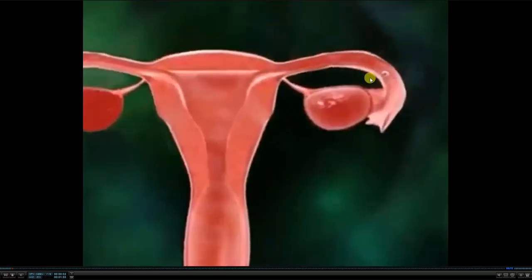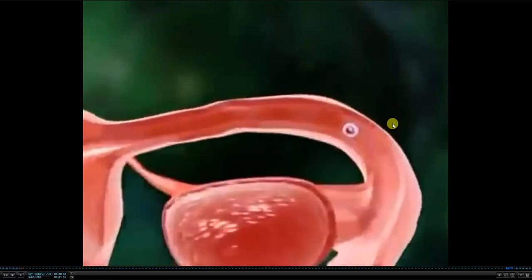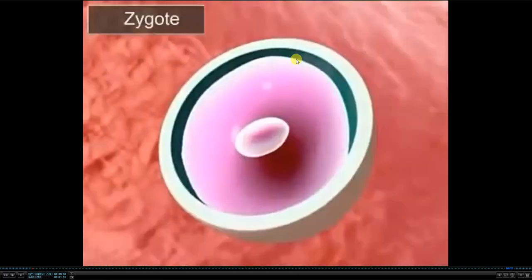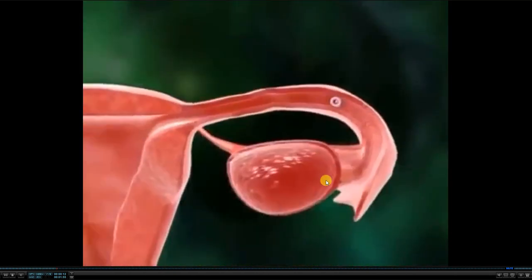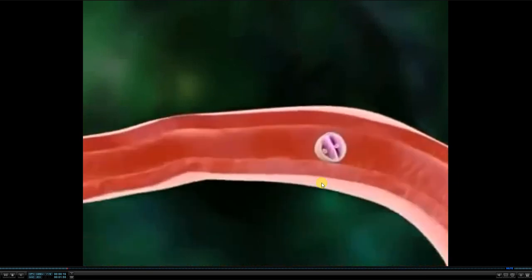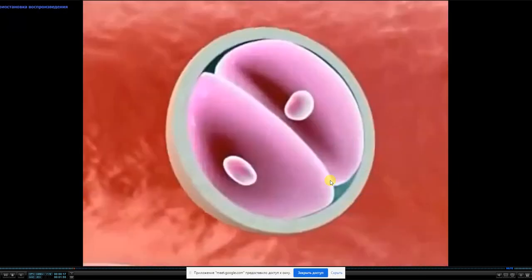Cleavage and blastocyst formation. So again, I repeat the same thing. Here is the zygote. It was covered with zona pellucida, a hard material made in the ovaries. It protects the zygote from injurious stimuli, might be our own immunity or hormonal influences. It has a lot of functions, and we'll discuss it in the female reproductive system.